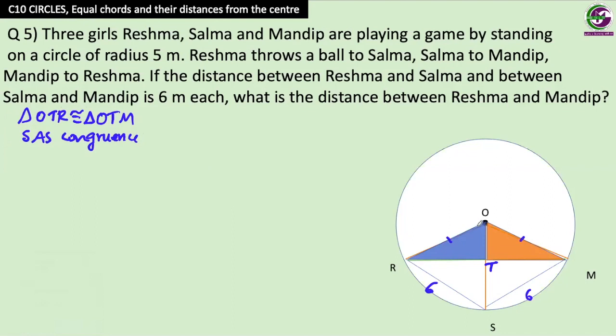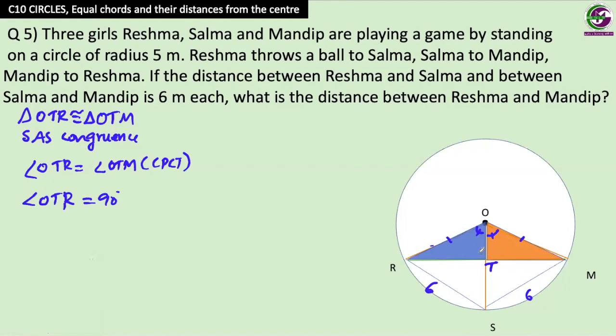Angle ROT is equal to angle MOT, because equal angles are subtended by equal chords, and OT is common, so side, angle, side. Then we can see that angle OTR is equal to angle OTM by CPCT, which means angle OTR and OTM, both of them are 90 degree, because at a point, if you have two equal angles to make a straight line, it will be 90 degree each.